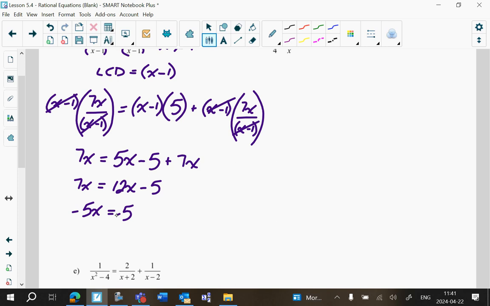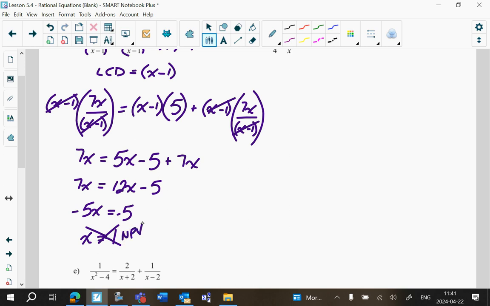Therefore, x is 1. Right. If you look up top, x cannot be 1 because it's an NPV. So that means there is no answer.